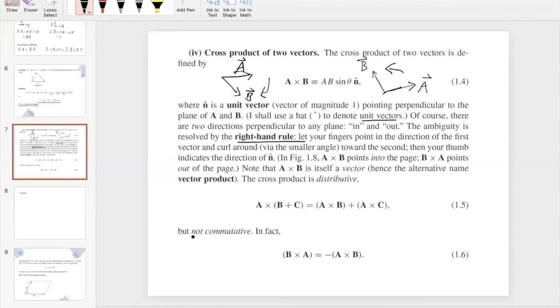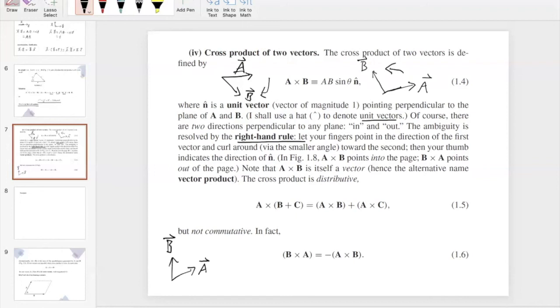It's not commutative because, for example, let's do an example. Let's say this is A, this is B. If you use your right-hand rule, A cross B results in a vector which is pointing out of the page.